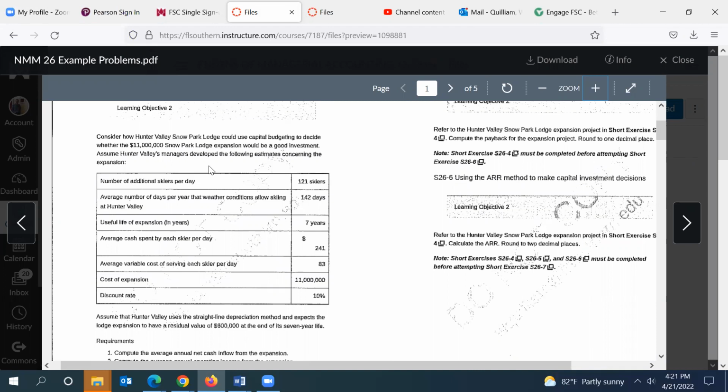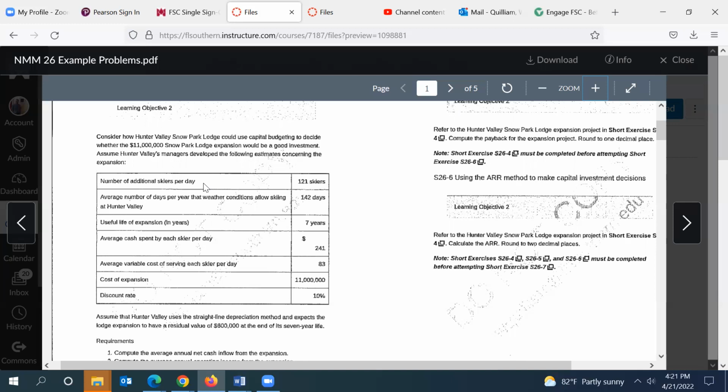So we're to consider how the Hunter Valley Snow Park Lodge could use capital budgeting to decide whether the $11 million Snow Park Lodge expansion would be a good investment. We're to assume that Hunter Valley's managers have developed the following estimates. These may or may not come true, but let's work with them.